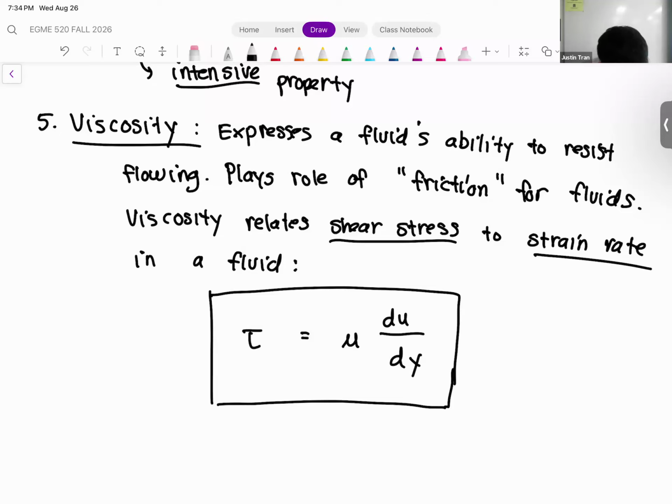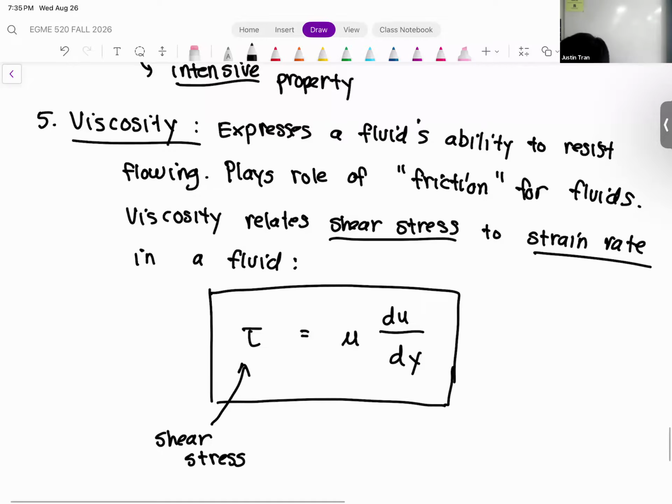So this tau represents a shear stress. Remember, stress is essentially a force, and so that tau has units of force per unit area.